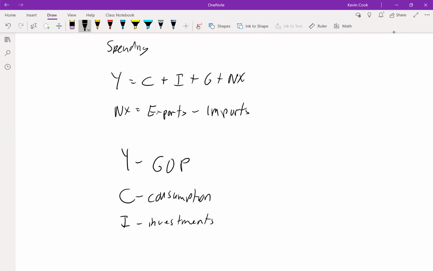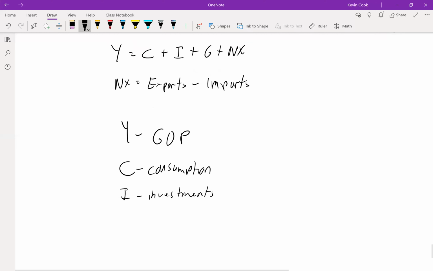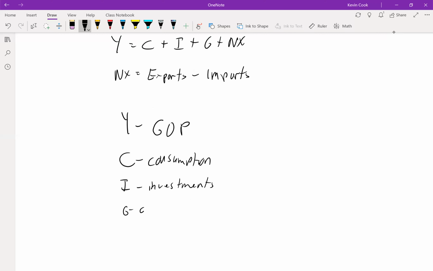These are all going to be considered investments. And again, the materials themselves wouldn't be, because they're counted later on down the road. G was our government spending. NX was net exports. And exports are exports, imports are imports.